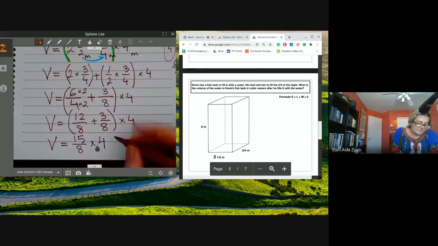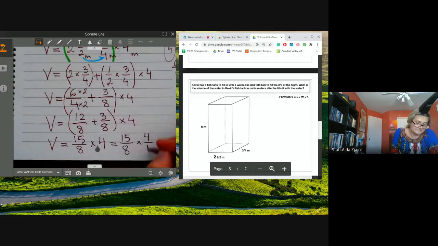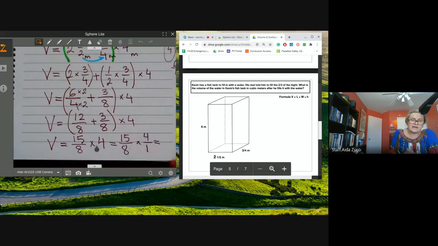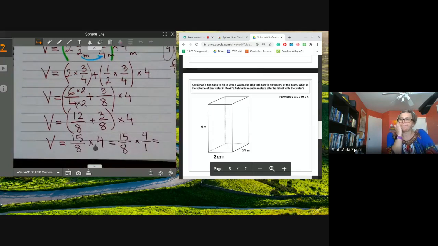So right now, I'm going to change that 4, the whole number, into a fraction. And that will become what? What is 4 times 15?